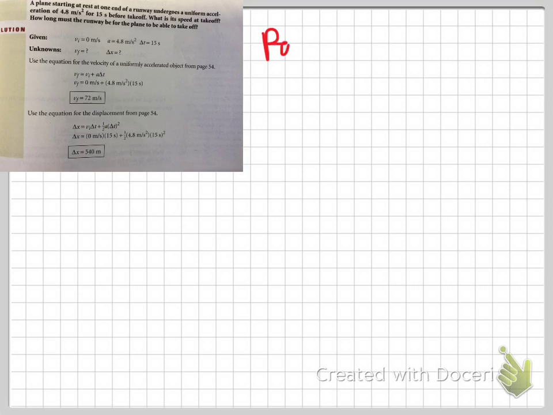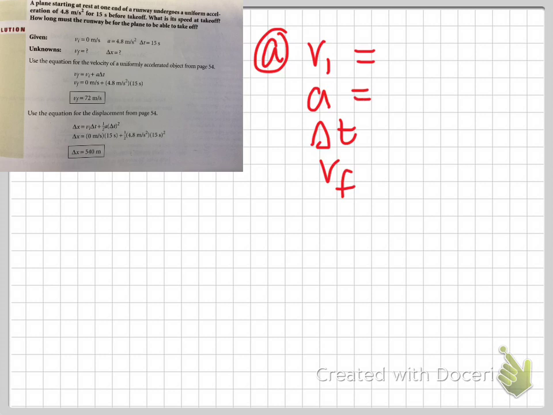So for part 1, and we get lots of 2-part questions in physics. It's a good idea to somehow set those apart. I'll actually just call this question A. Okay, so for question A, we have VI, we have the rate of acceleration, we have the time, and we want to know its final velocity at takeoff.